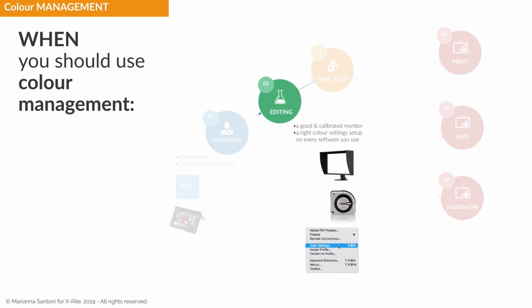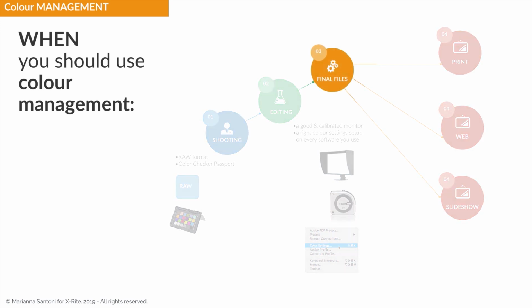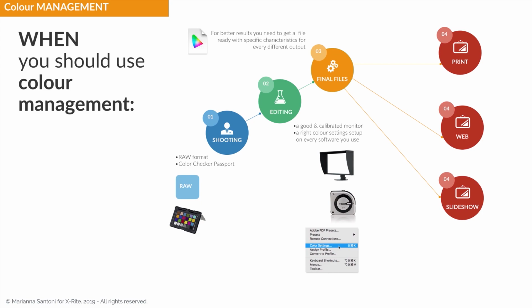When you get your files ready for the final outputs, you are usually already used to resize your image for different outputs. But you should also take care about color profiles. You can get your file ready for specific usage in order to obtain the best in terms of color consistency, do a soft proof of your print, and see on monitor how it will look like, based on the printer and paper you have decided to use.